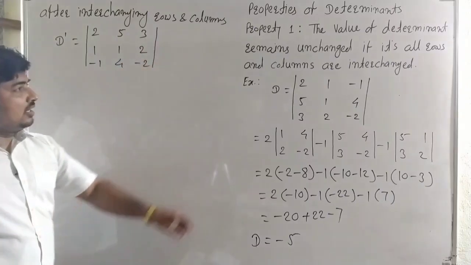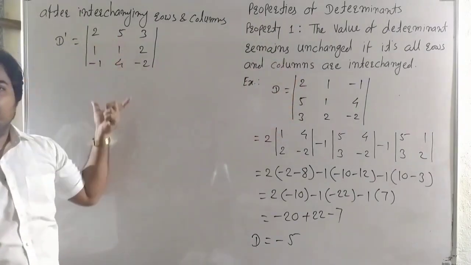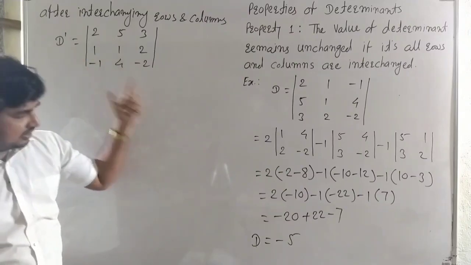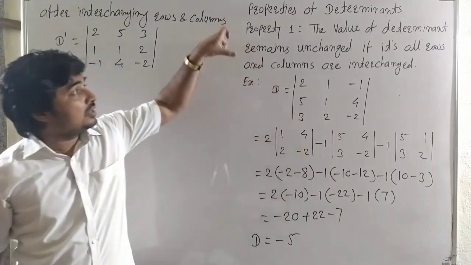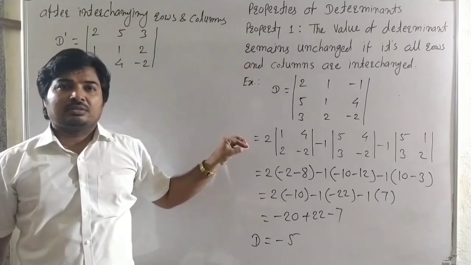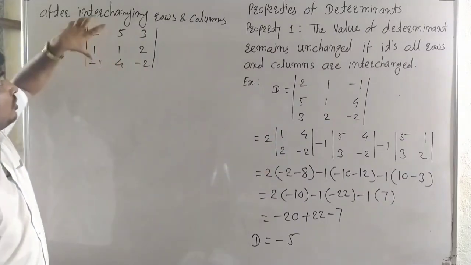Now here it is the original determinant, and after interchanging rows and columns we get this determinant. The value of the obtained determinant is -5, because the property says the value of the determinant remains unchanged when we interchange rows and columns. Here we interchange all rows and columns.